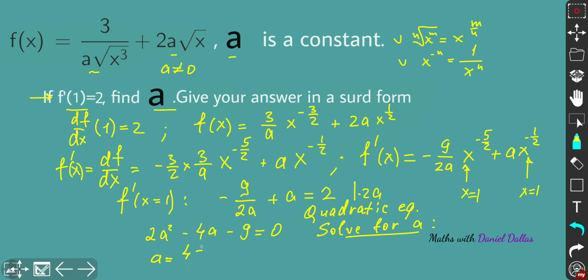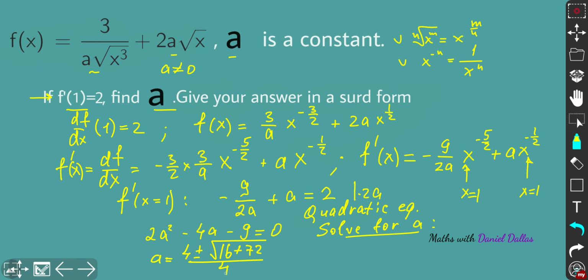So 4 plus minus square root of, so 4 squared is 16, and plus 4 times 9 and times 2, so it's going to be 8 times 9, 72, and over 2 times 2, which is 4. Okay, so make sure you remember how to work with the quadratic formula.